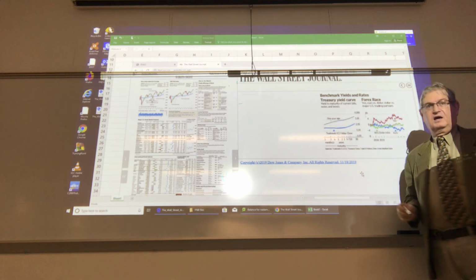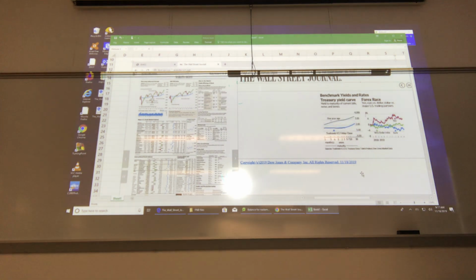Now I have a flat curve for most of the time, which means if I put my money to the federal government for 1 month or for 3 months or for 6 months or for 1 year or for 2 years, almost up to 3 years, I get exactly the same reward. That means I'm giving you a pressure. What's the pressure I'm giving you?